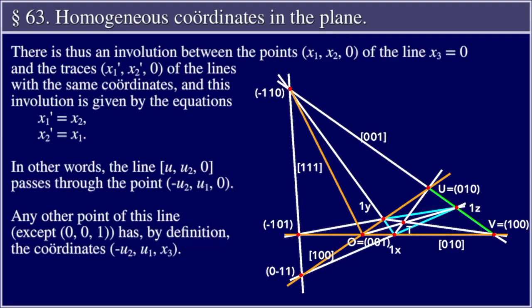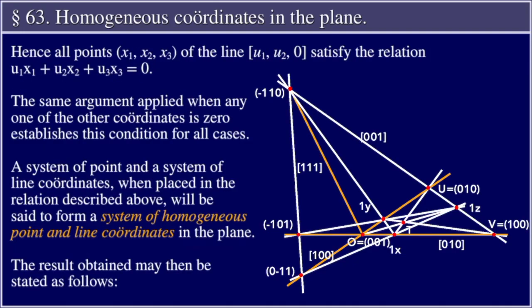In other words, the line u1, u2, 0 passes through the point negative u2, u1, 0. Any other point of this line, except 0, 0, 1, has by definition the coordinates negative u2, u1, x3. Hence, all points x1, x2, x3 of the line u1, u2, 0 satisfy the relation u1 x1 plus u2 x2 plus u3 x3 equals 0.